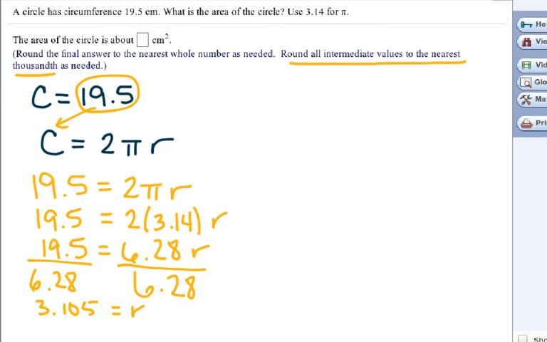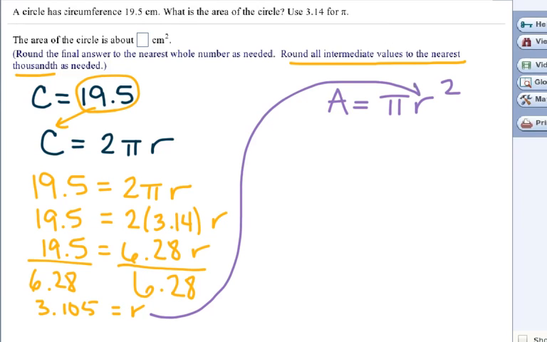Now I take that and I have to find the area. So I use the formula for area of a circle. Area equals pi times radius squared. I plug r in. So area equals, I'm going to use 3.14 for pi, and I'm going to use 3.105 for my radius.